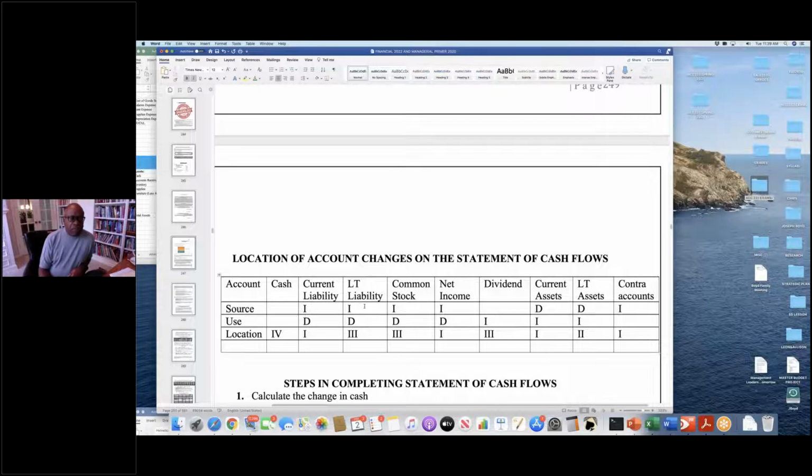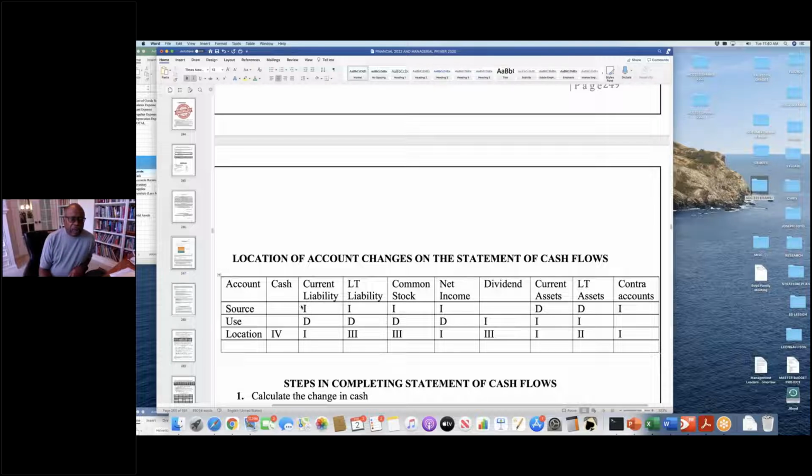A long-term liability is in part 3. Common stock is in part 3. Net income is in part 1. Dividends is in part 3. A current asset is in part 1. Long-term assets are in part 2. Contra assets are in part 1. So we're just saying now where these items go.